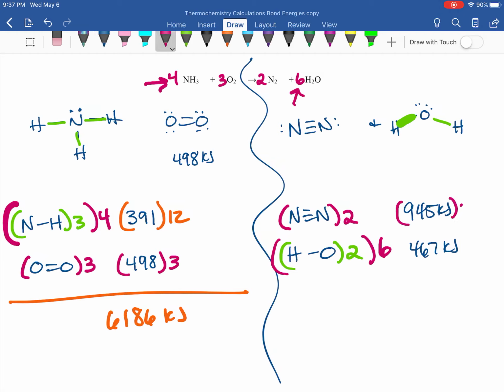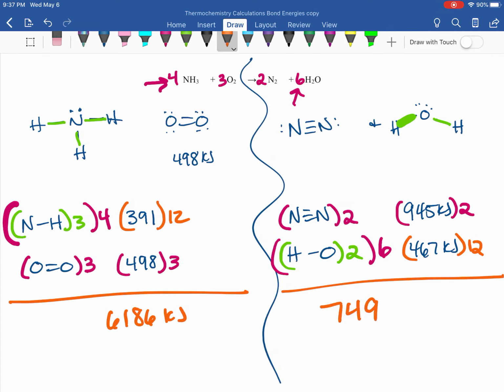945. Okay, so we're going to multiply that by 2, and we're going to multiply this one by 12, and let's see what we get. All right, 945 times 2 plus 467 times 12.